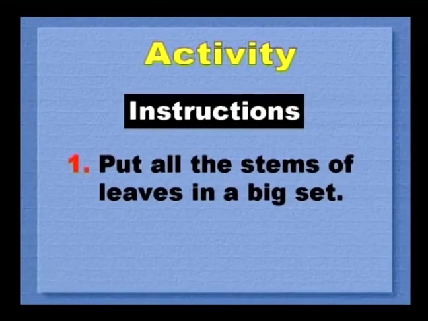Okay, let's see our first instruction. I am going to go through the instructions, and I'd like you to take note of that, class and the receiving students. Then after that, you will be asked to do the activity. Now, our first part of activity is to put all the stems of leaves in a big set.